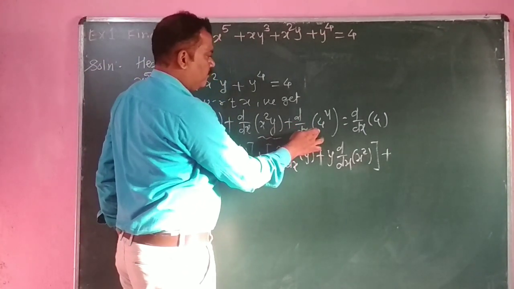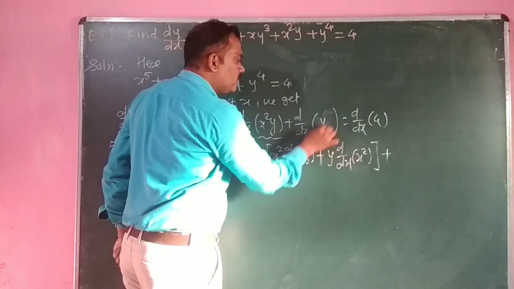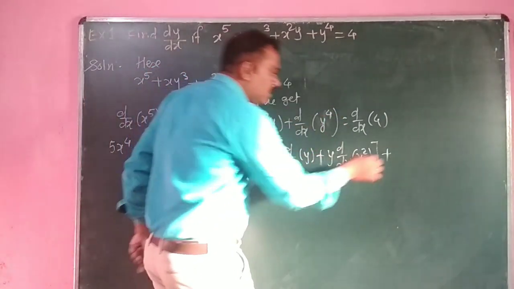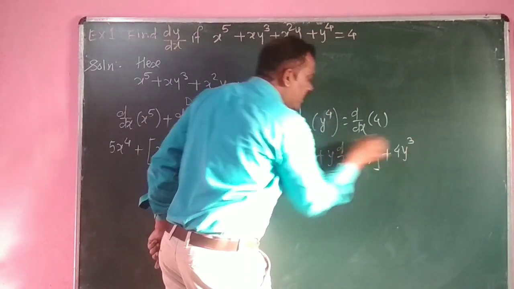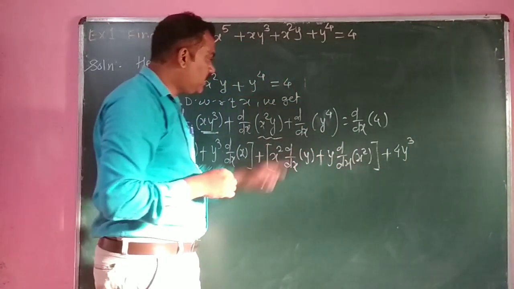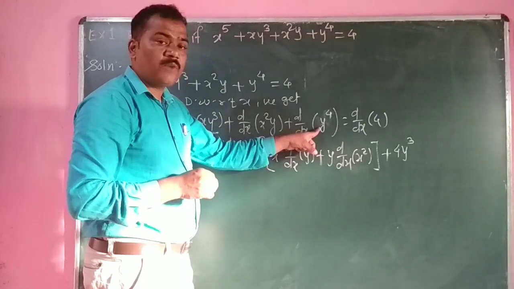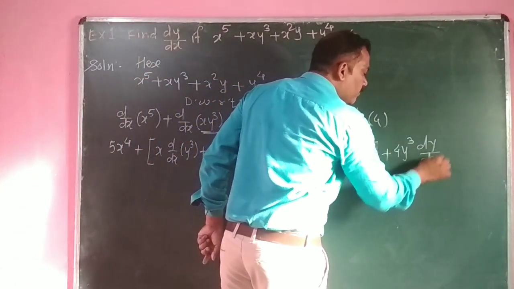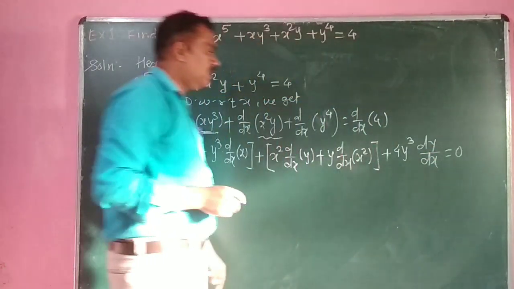Y raised to 4. Now d dx of y raised to 4, take the power as it is. From the power we have to minus 1. 4 minus 1 is nothing but the 3. Differentiation of y with respect to x is nothing but dy by dx. 4 is constant, so its derivative is 0.